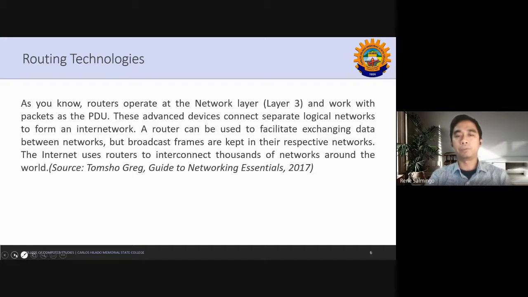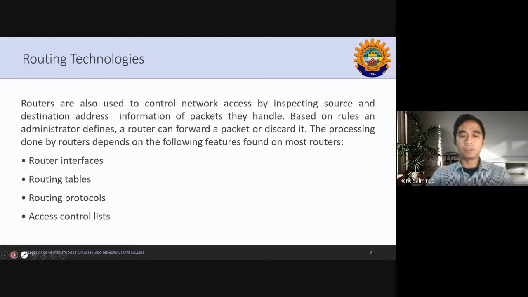A router can be used to facilitate exchanging data between networks, but broadcast frames are kept in their respective networks. The internet uses routers to interconnect thousands of networks around the world. So this is your reference.